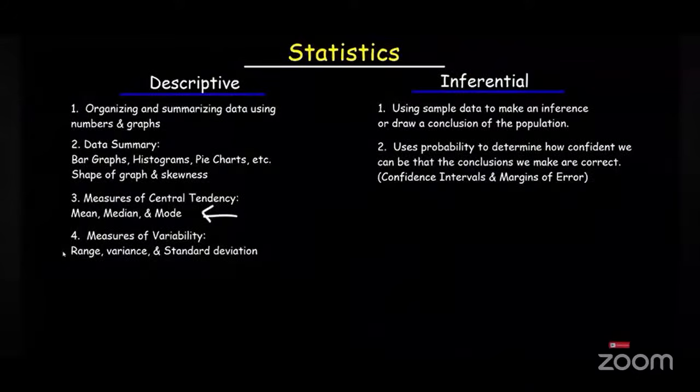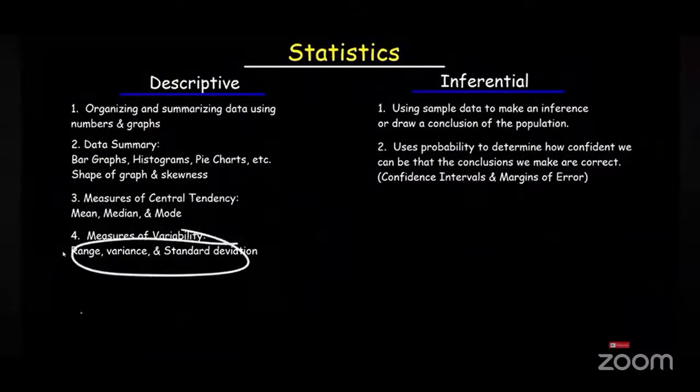And the mean is basically the average. The median is the middle number of a data set, and the mode is basically the number that occurs most frequently. So that's another way you could describe your data, using those types of numbers. You can also describe it in terms of range, variance, and standard deviation.